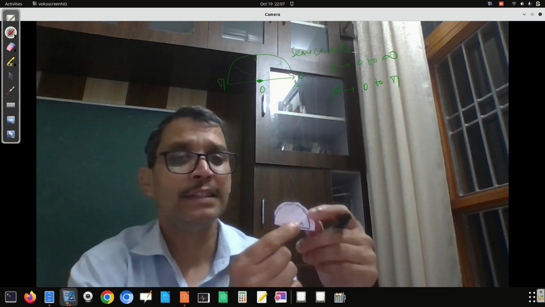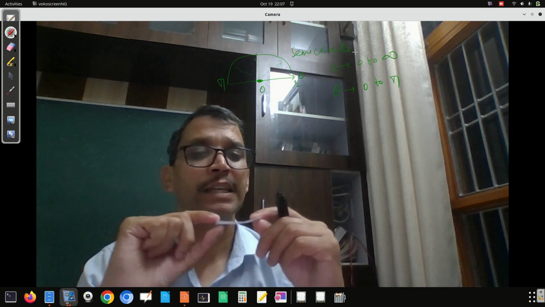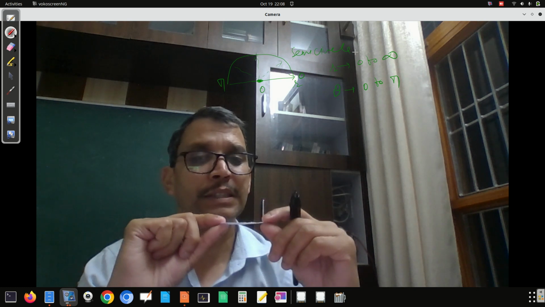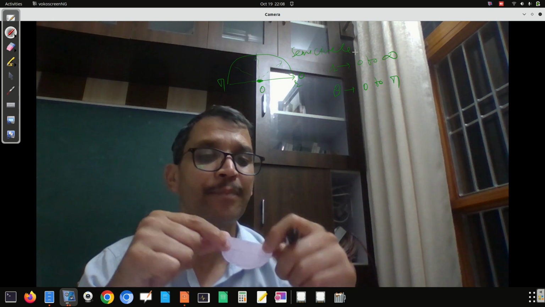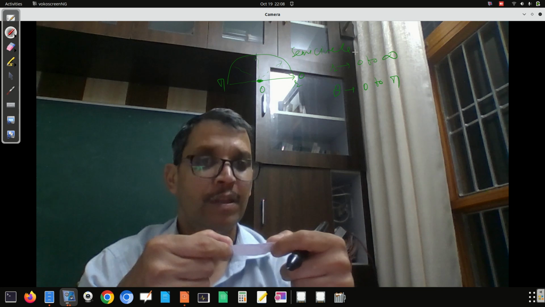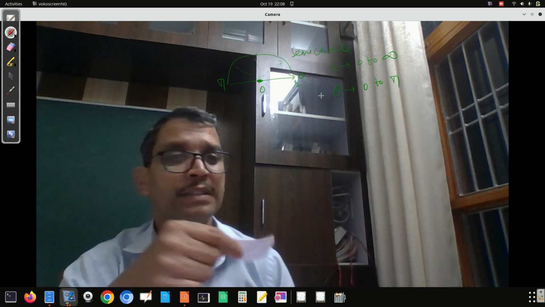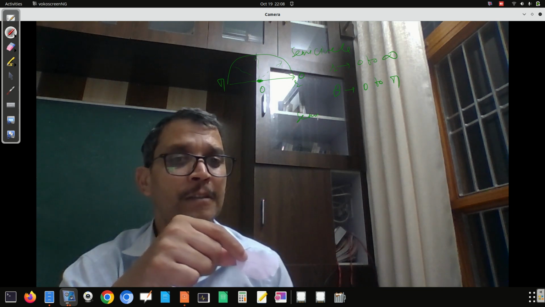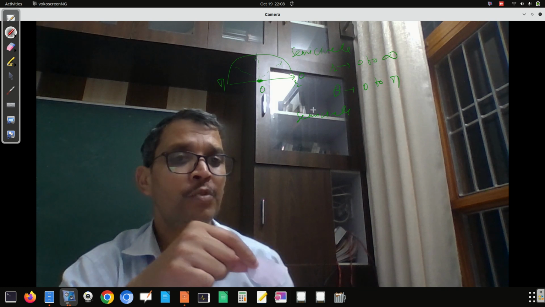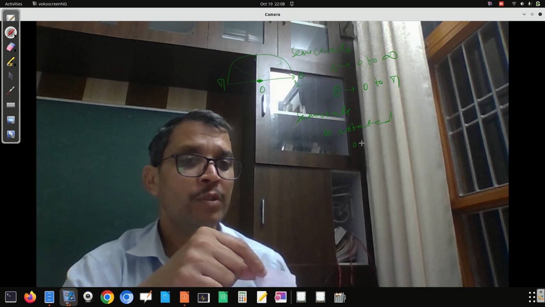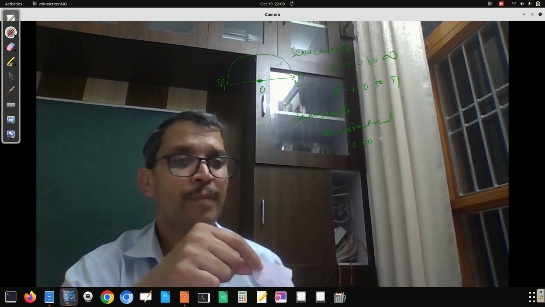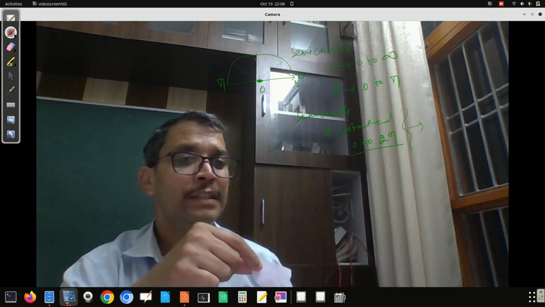And another thing is that when this semicircle is rotated like this, it gives us a sphere. When this semicircle is rotated from 0 to 2 pi, then we will get a sphere, right?